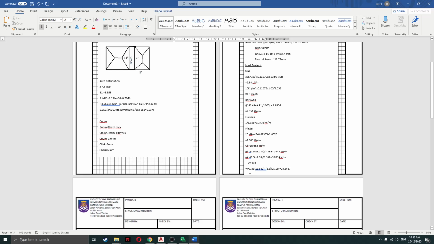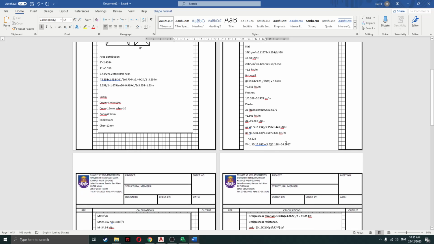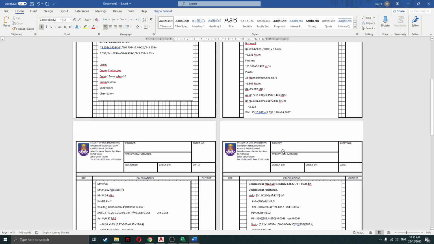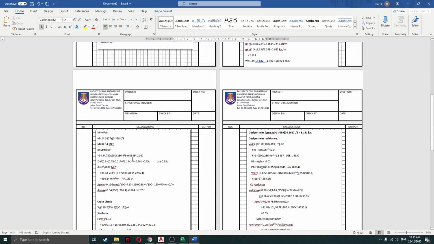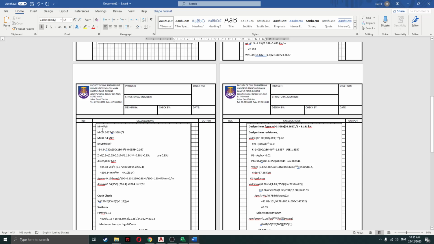For W I use 1.35 and 1.5, times with the GK and QK, I get 234.367 kilonewton per meter. Then for moment, the formula is WL squared over 8. I get 34.34 kilonewton meter.